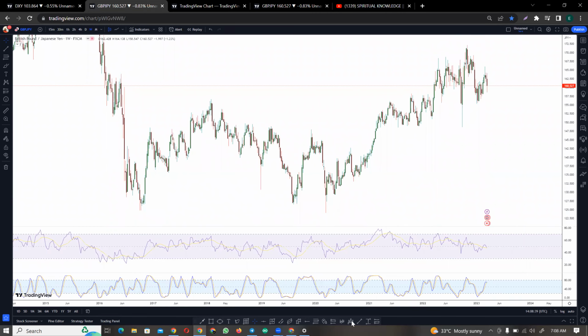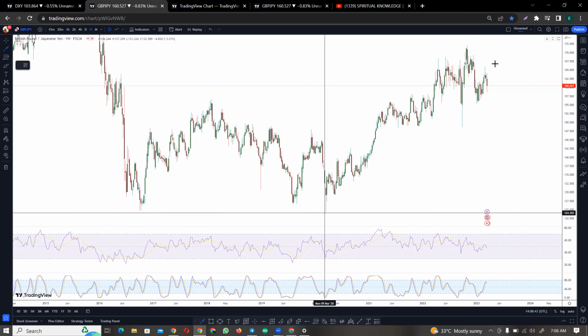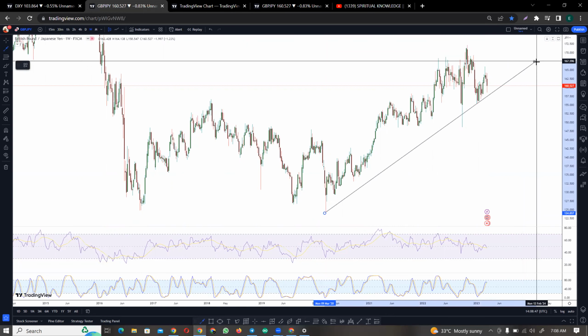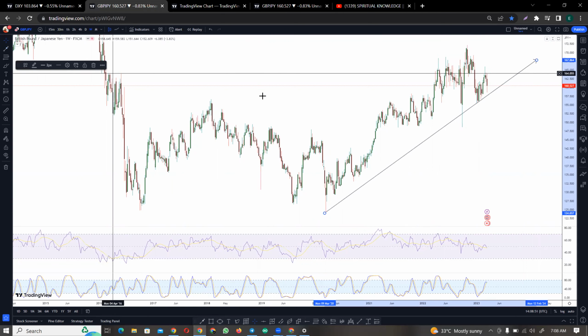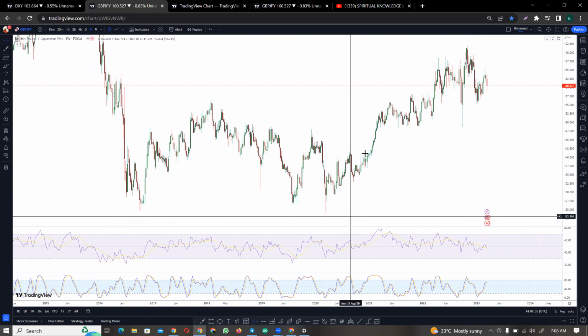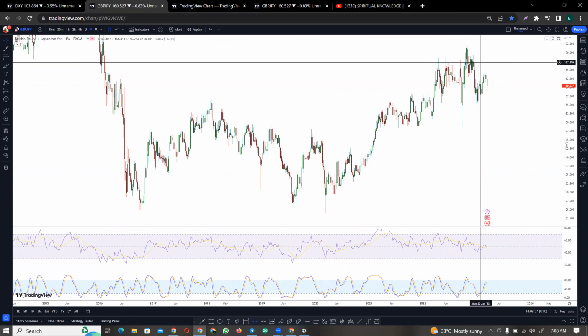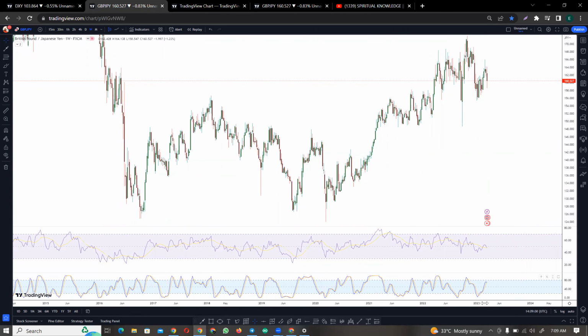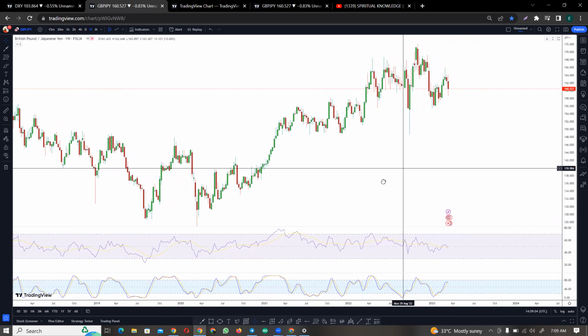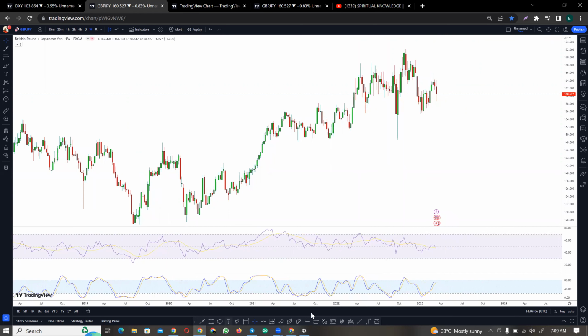Some people don't read structure, but they will just say the market is in an uptrend. I'm not even drawing a trend line; just looking at it, you'll be like, okay, this market is moving up. Then it's bullish. So we mark our stuff.